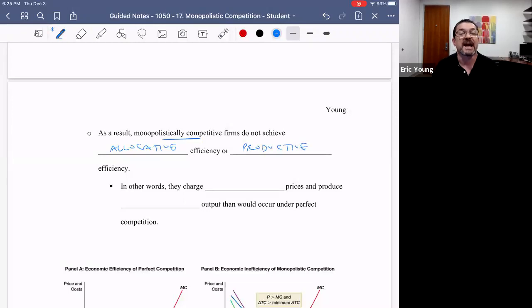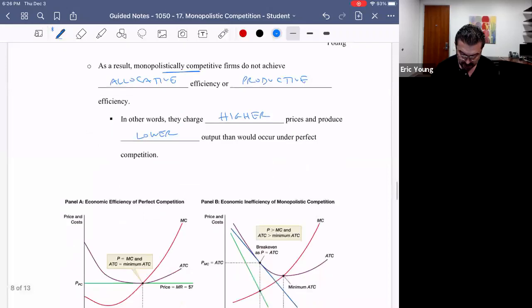In other words, in our big test of efficiency, the allocative question and the productive question, the MC firm fails both. They're 0 for 2. In other words, my friends, much like monopoly, MC firms are going to charge higher prices and produce lower output than would occur under perfect competition.